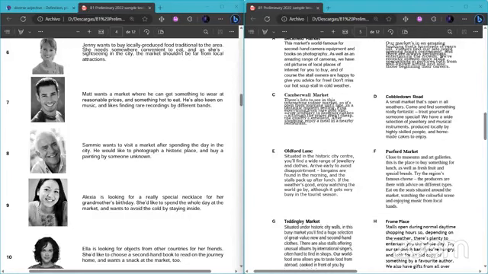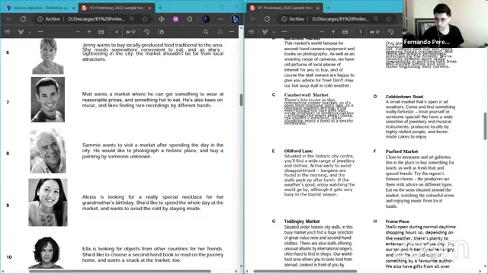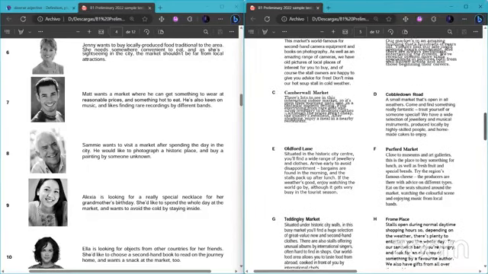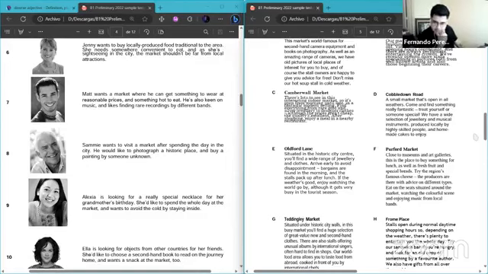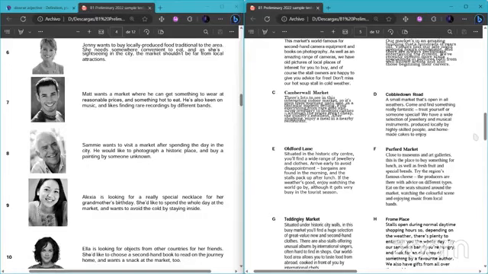Reading the text, it is mentioned that the Teddingley Market is a place situated under the city walls, and you can find things like second-hand clothes, but also you can find what again?